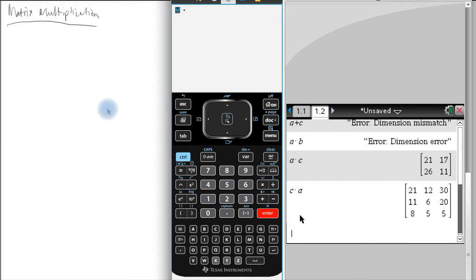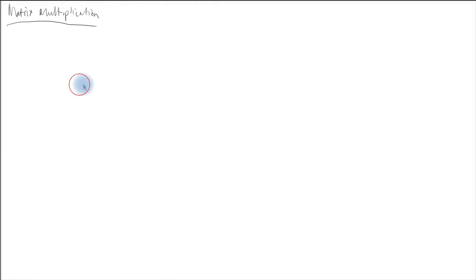Okay, so let's write some notes down for this. Firstly, matrix multiplication is not commutative, or associative. So in other words, order does matter.